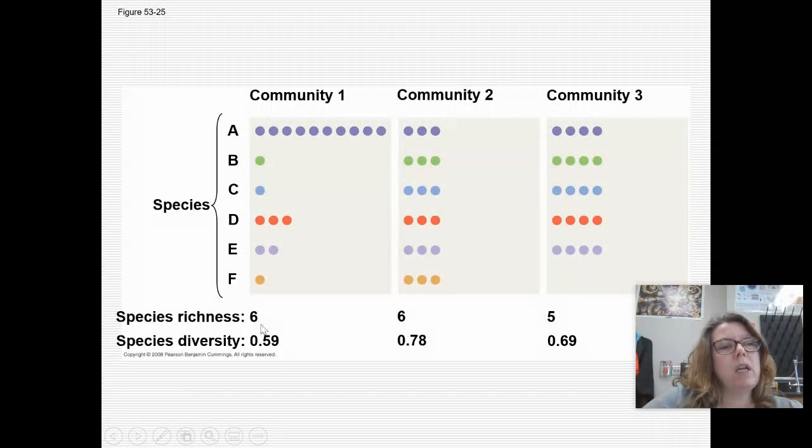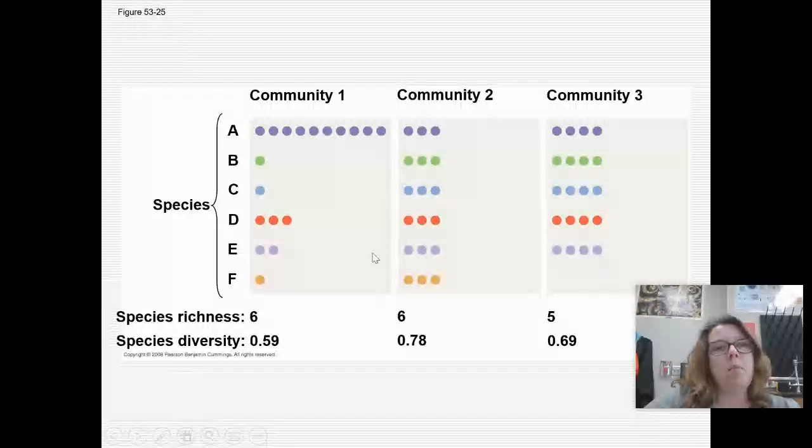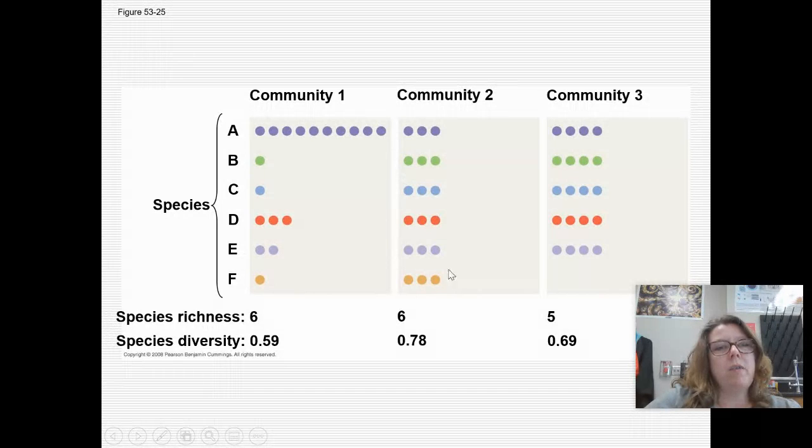So the diversity is actually very tiny in comparison to this one here, where you have the same species richness, but the relative abundance is all the same. Okay. And here, this community has abundance of each species, but it's got one fewer species, so its species richness is only a 5.